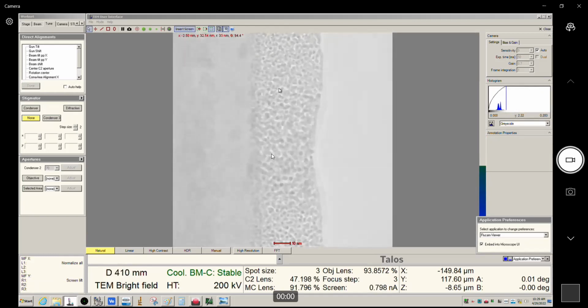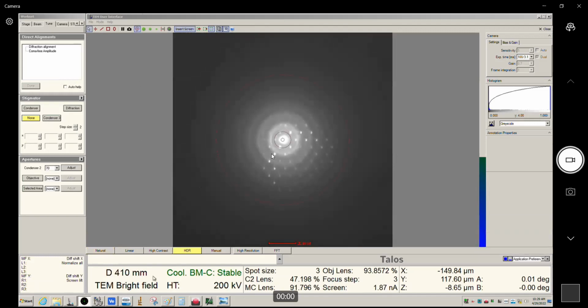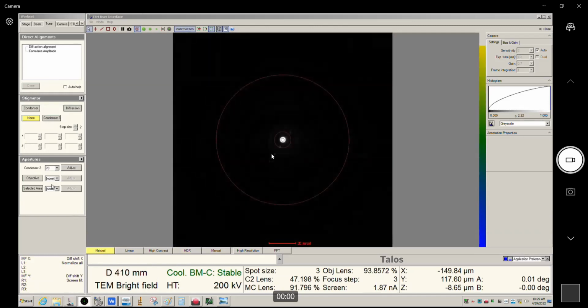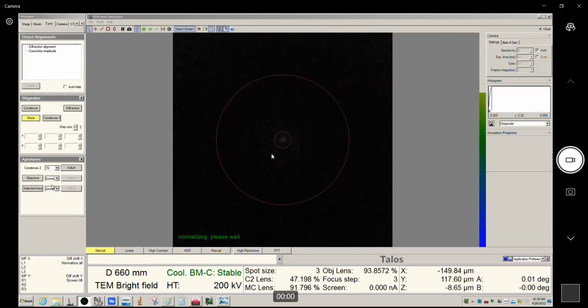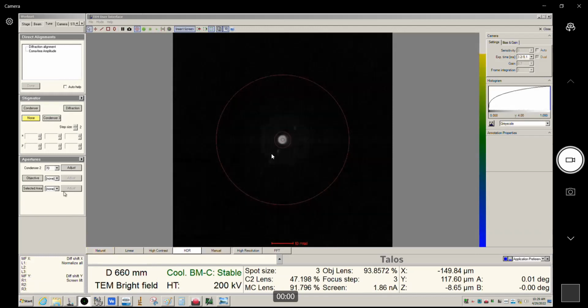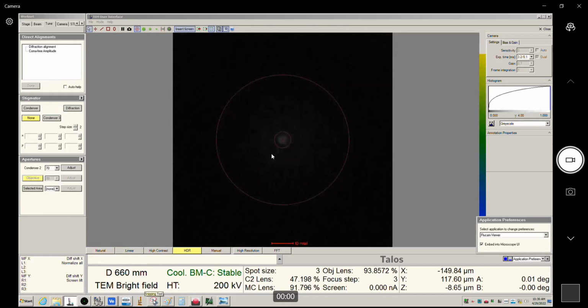All right, let me go into diffraction mode and we'll put in an objective aperture. Put in the optimal one for high-res imaging.